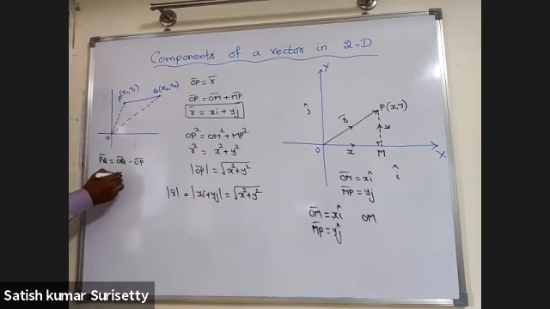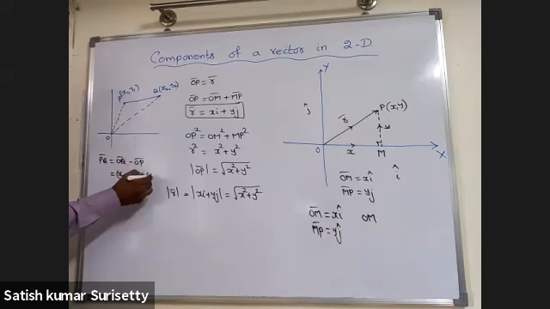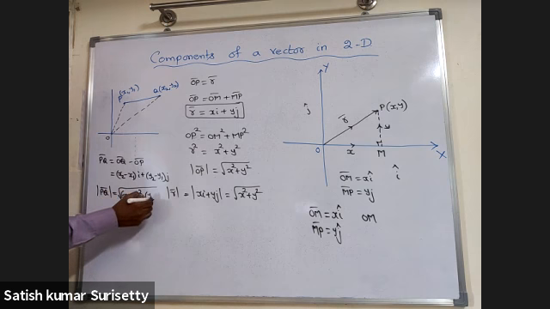That is (x2 minus x1)i plus (y2 minus y1)j. So modulus of PQ bar, that is the distance between the 2 points, will be root of (x2 minus x1) whole square plus (y2 minus y1) whole square.